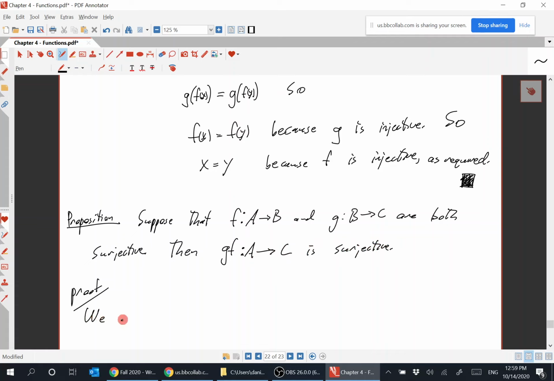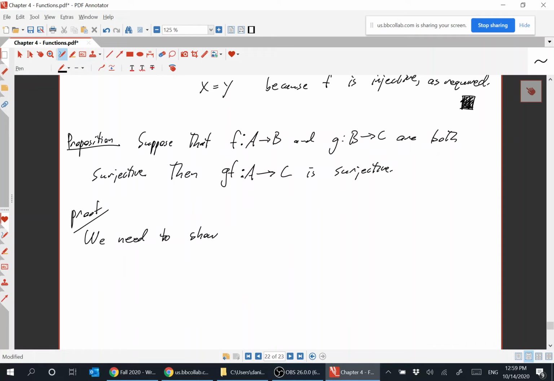So we need to show, well, there's a couple different ways to do that. What does it mean to be surjective? For every element of the range, there's an element of the domain that goes to it.